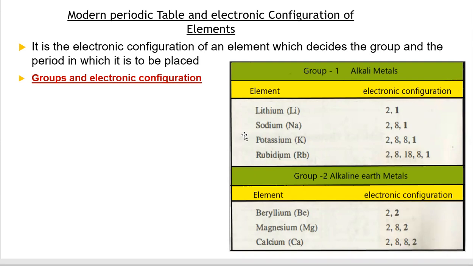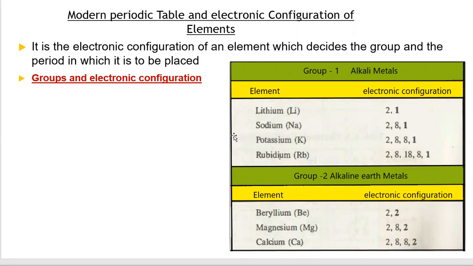The elements in the same group show similarity, and in a period, the neighboring elements differ slightly in their properties. These similarities or variations are due to the electronic configuration of the elements. And the electronic configuration of the element will decide the group and period in which the element is to be placed.